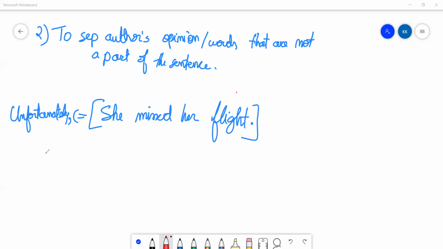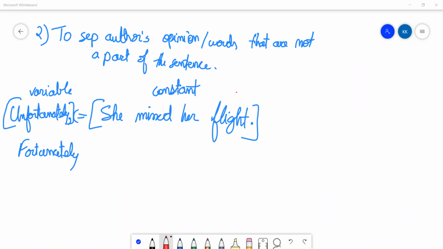But on the other hand, Avishi is happy because Ambika is her best friend and Ambika cannot leave her and go if she misses her flight. So she will say, fortunately. In mathematical terms, this is known as the variable part of the sentence, and this is known as the constant part of the sentence.